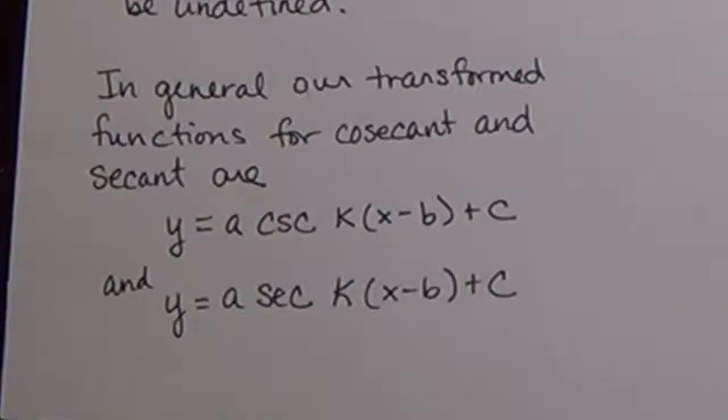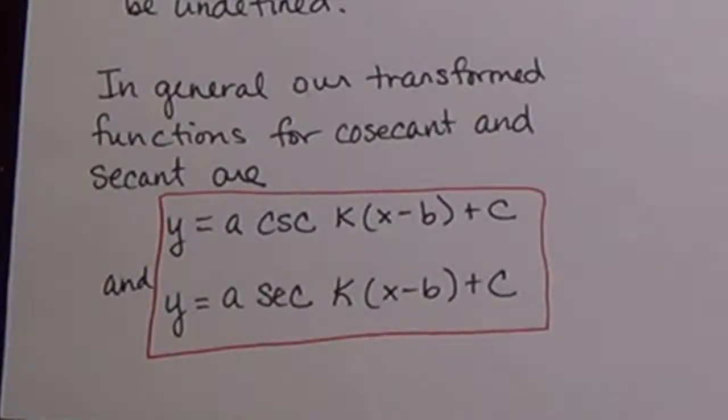In general, our transformed functions have a similar form to our sine and cosine ones. So for cosecant, y will equal a cosecant of k times the quantity x minus b plus c. And for secant, y will equal a secant of k times the quantity x minus b plus c.